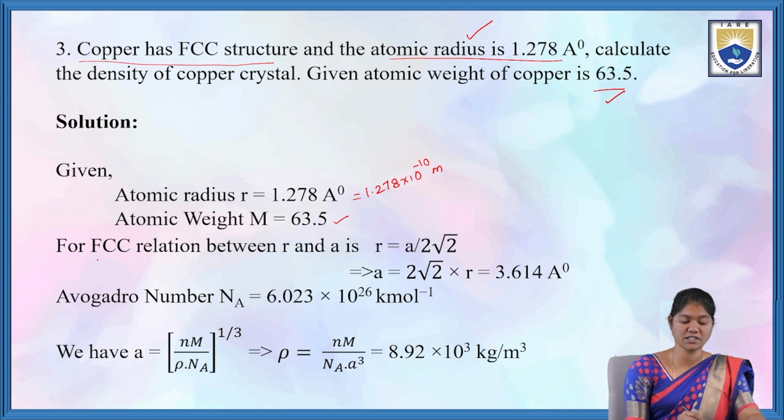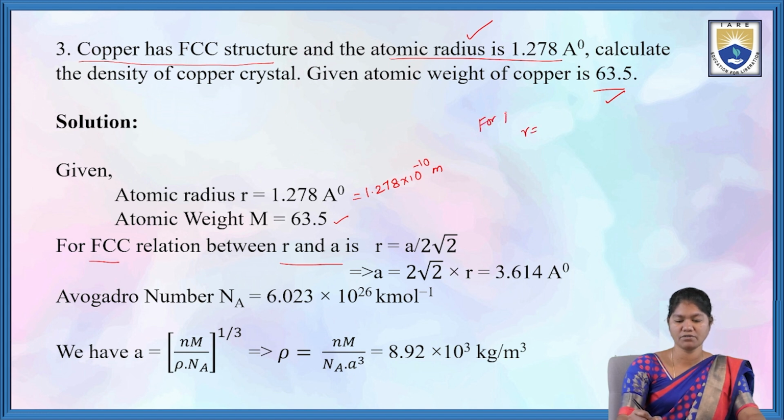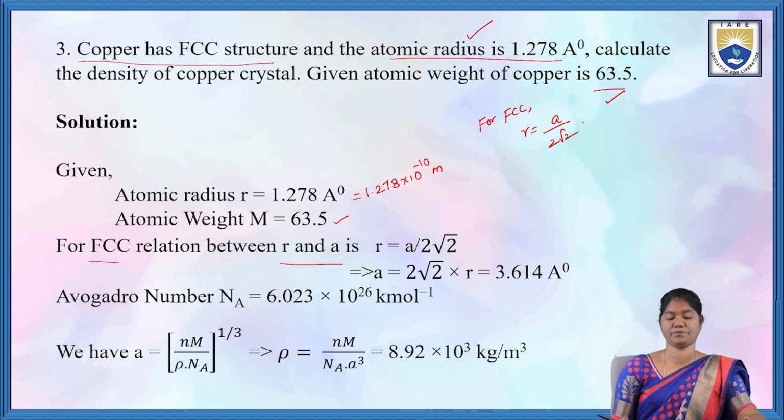For FCC, the relation between R and A is: R, the atomic radius, is equal to A by 2 root 2.